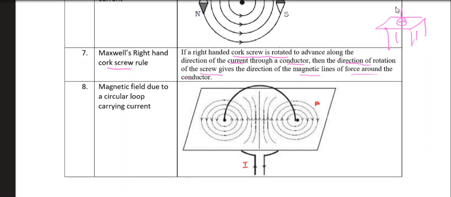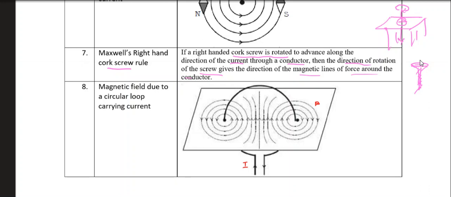Now he is driving with the screwdriver. So what will he do? He will rotate like this in a clockwise manner so that it comes down. So current goes inward. Do you understand? That is called the corkscrew rule. So this is the screw pattern, and there will be a wedge like this.